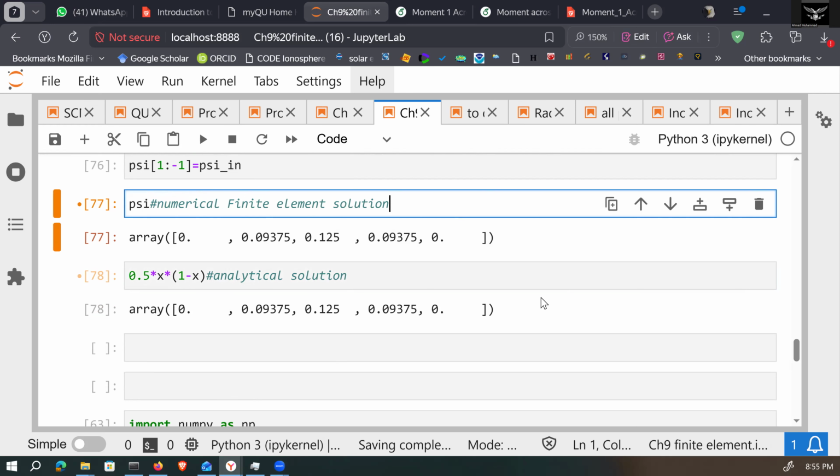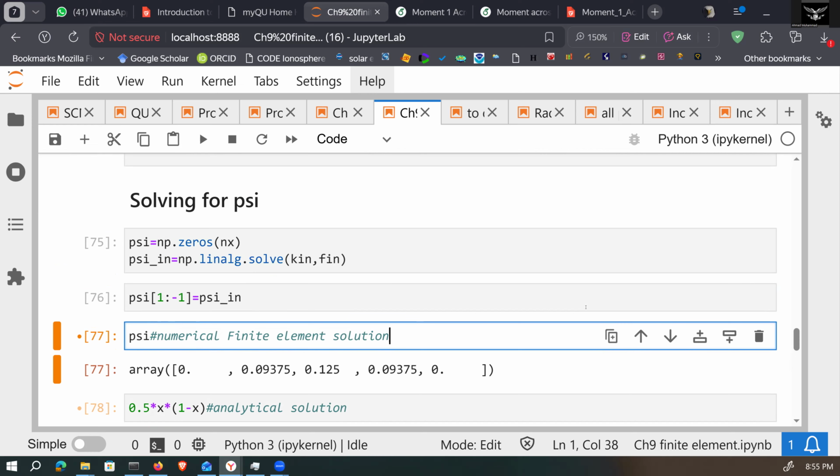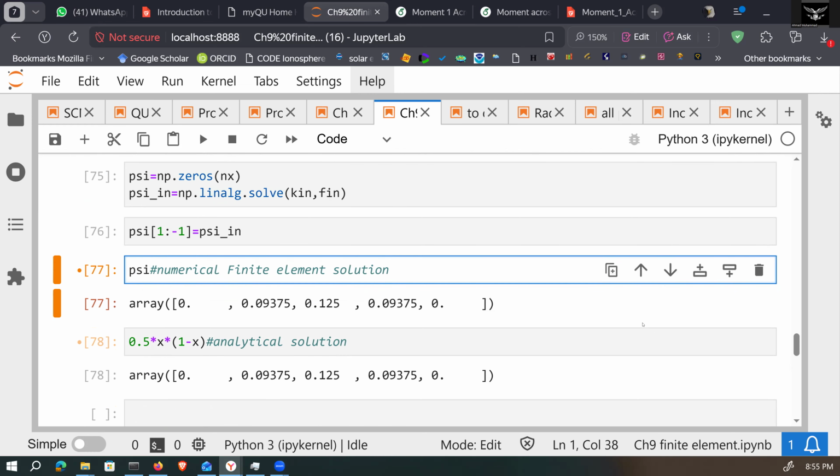So what we can see is they agree. And that's the finite element method solution for the Poisson equation. We solved for only 5 nodes because this is what we have in the lecture notes, but you can play around with it.